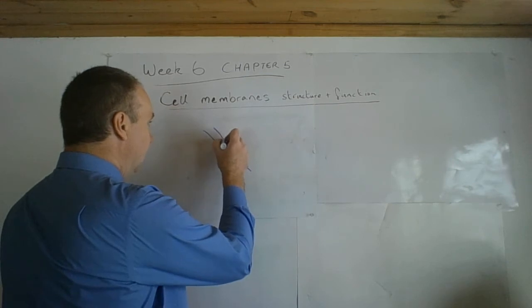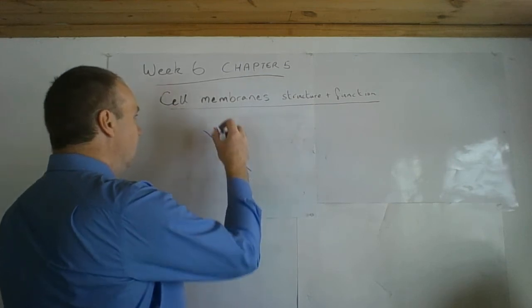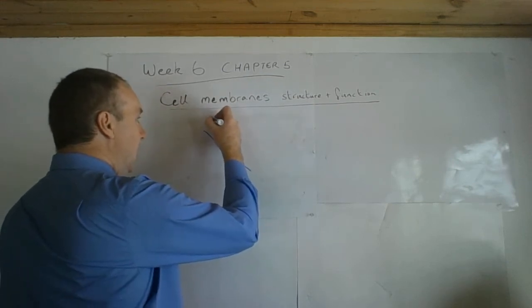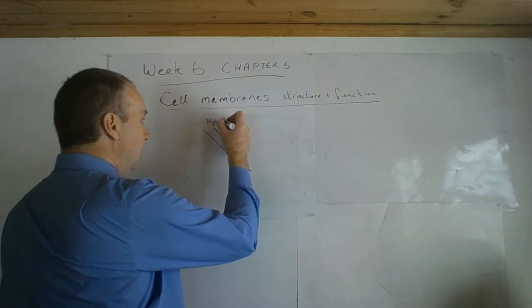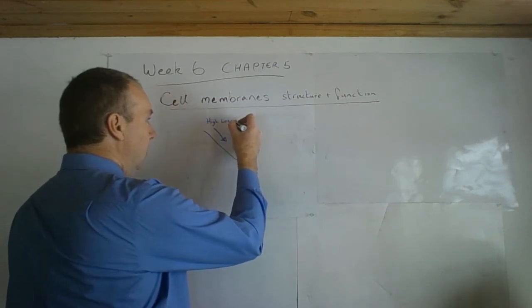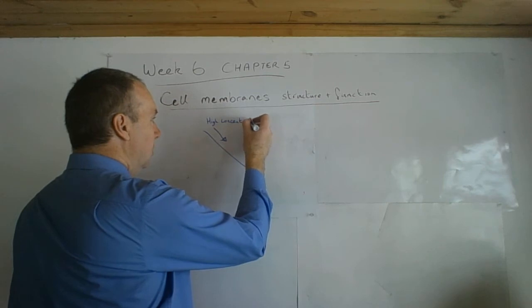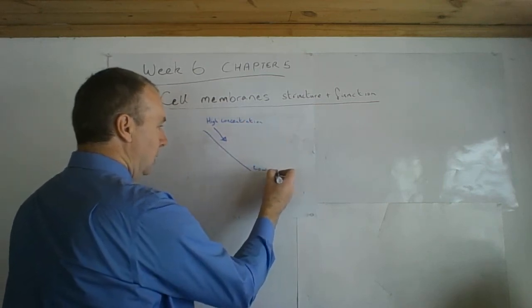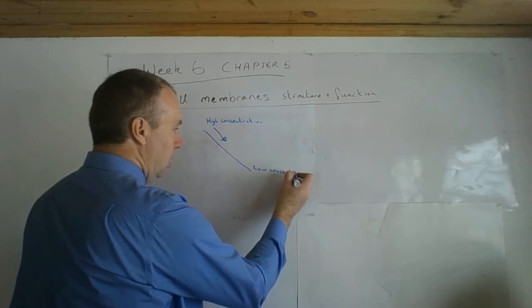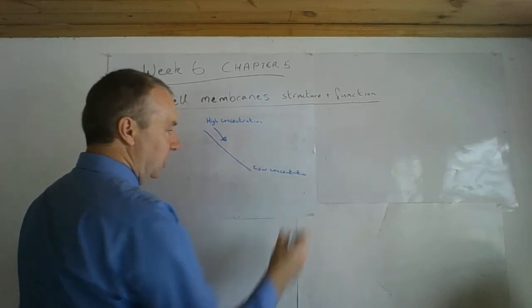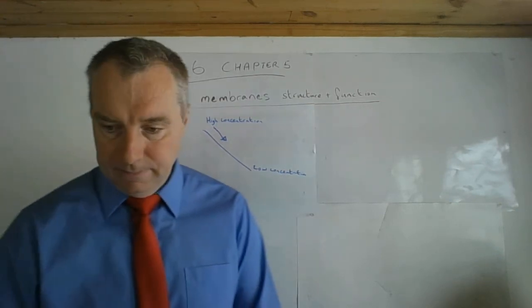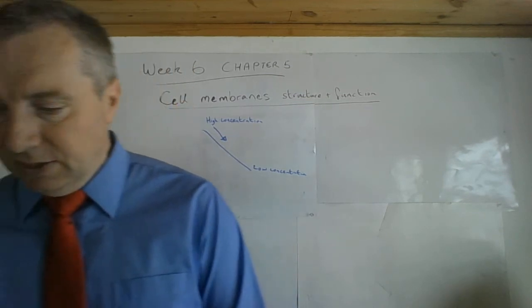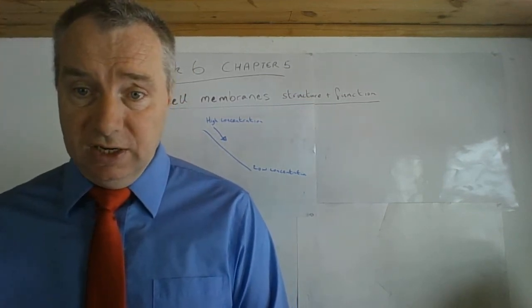So that's the general direction of movement. So things flow from a high concentration to a low concentration. And no energy is needed to get that done. That is the definition of a concentration gradient.